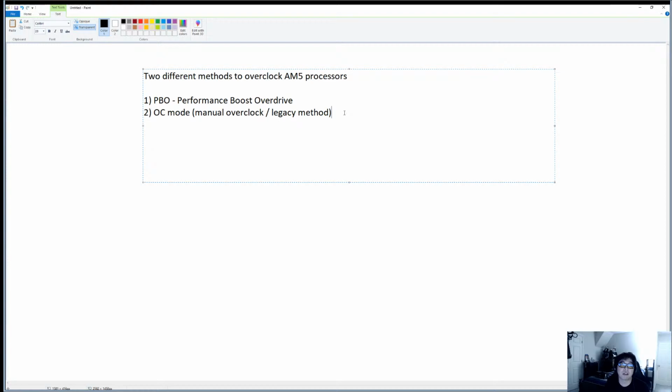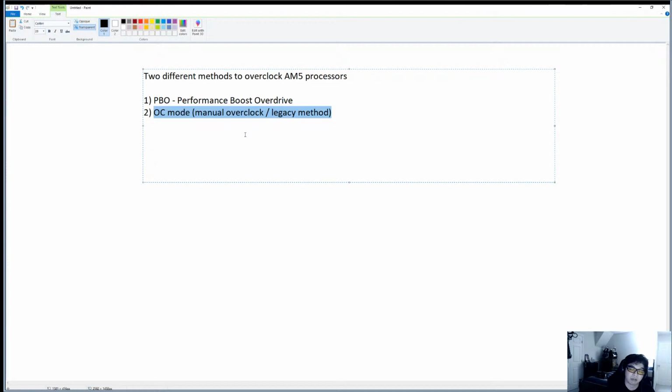Although you pretty much have full manual control over the AMD processor when you're in OC mode. But the only thing with OC mode is it does disable a lot of the power saving features. Like I think it turns off C states, and it's not really necessary. So we're probably not going to talk too much about OC mode. It's just kind of there, but it's not really used much anymore unless you're just testing things out.